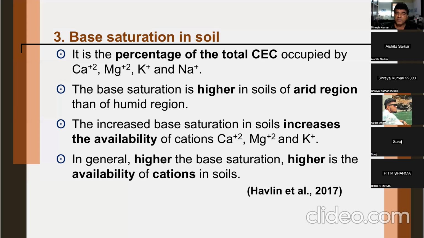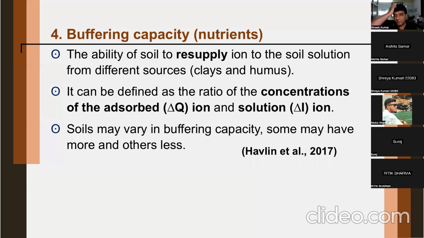The increased base saturation in soil increases the availability of cations, calcium, magnesium, and potassium. In general, the higher the base saturation, the higher is the availability of cations in soil. So this is an important point. Therefore, base saturation affects the nutrient supplying capacity or nutrient availability.